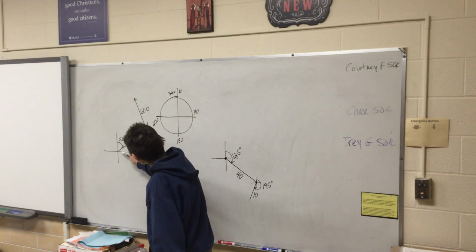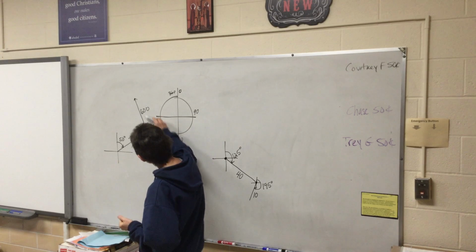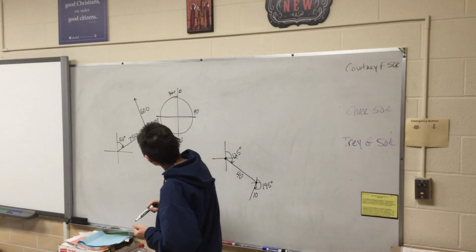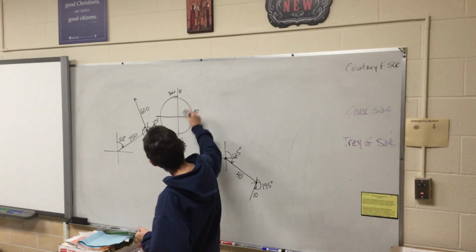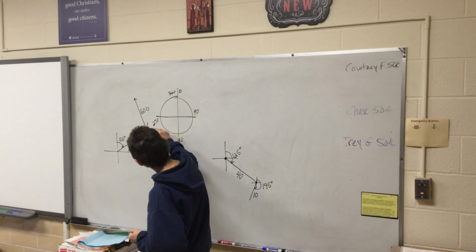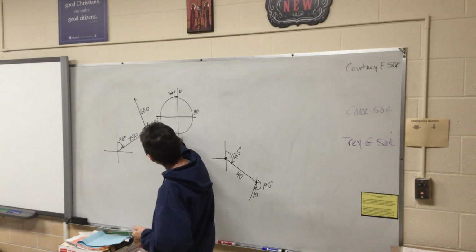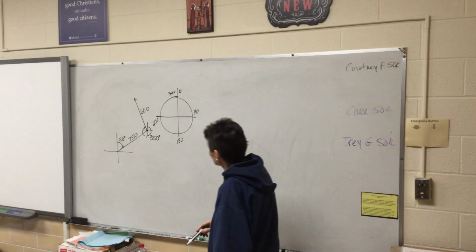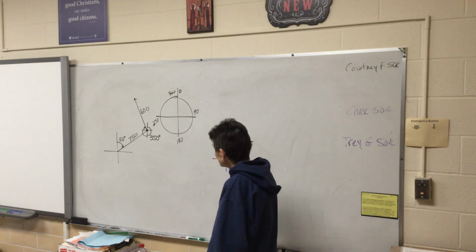So his first leg of his journey was 750 miles. And then the second leg of his journey is 600 miles. The first part of the journey was a course of 50 degrees. And the second part of the journey was 350 degrees. So almost all the way around. And that's all you have to do, is draw it. Just draw it.